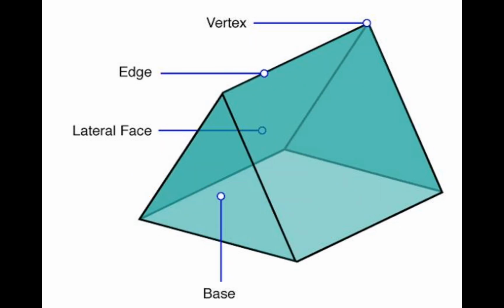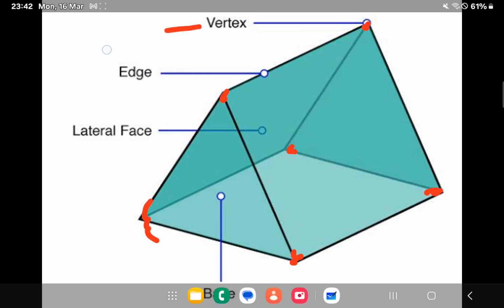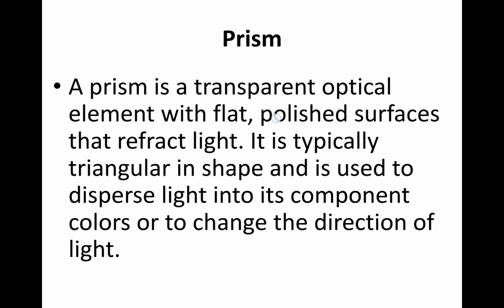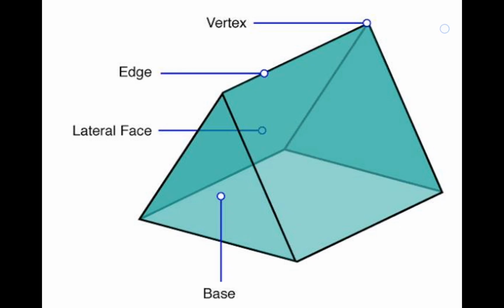Now see the parts here. Corner means vertices. How many vertices are there? In a triangular prism we have six vertices, right? Then we have edges, that means the lines connecting the vertices, the lines connecting the corners.